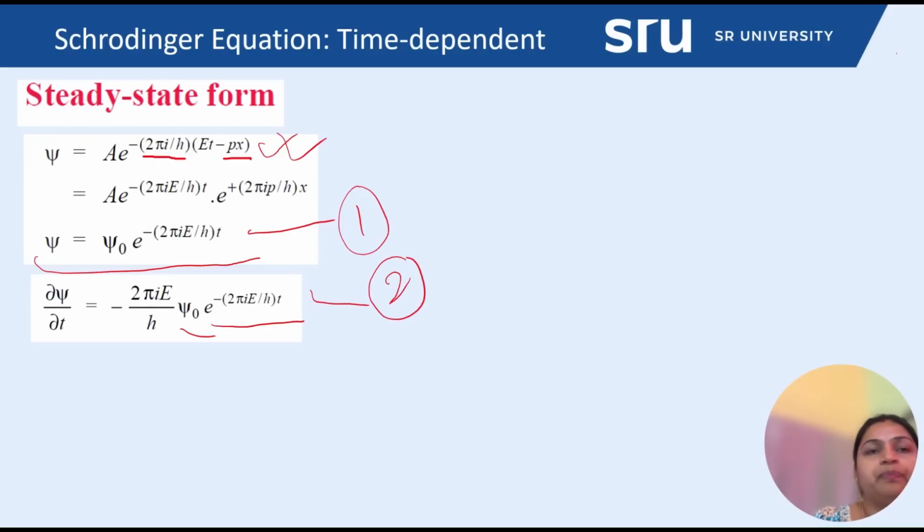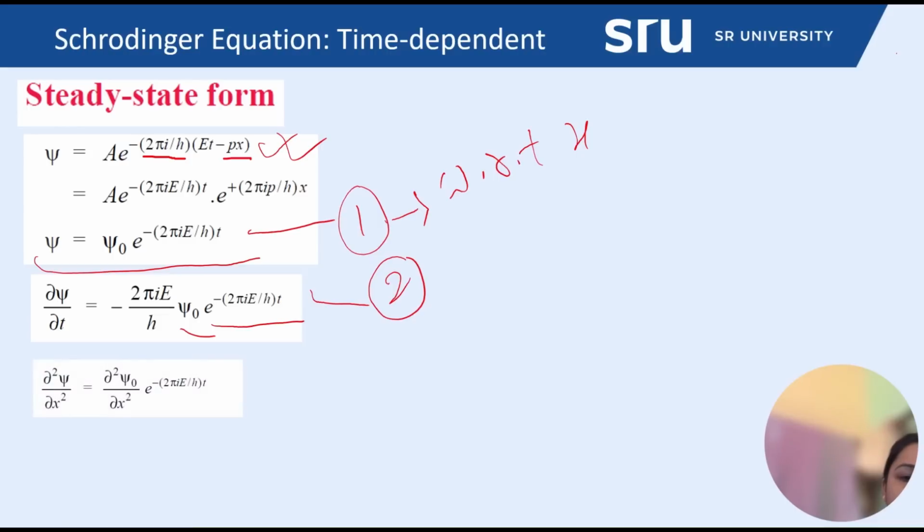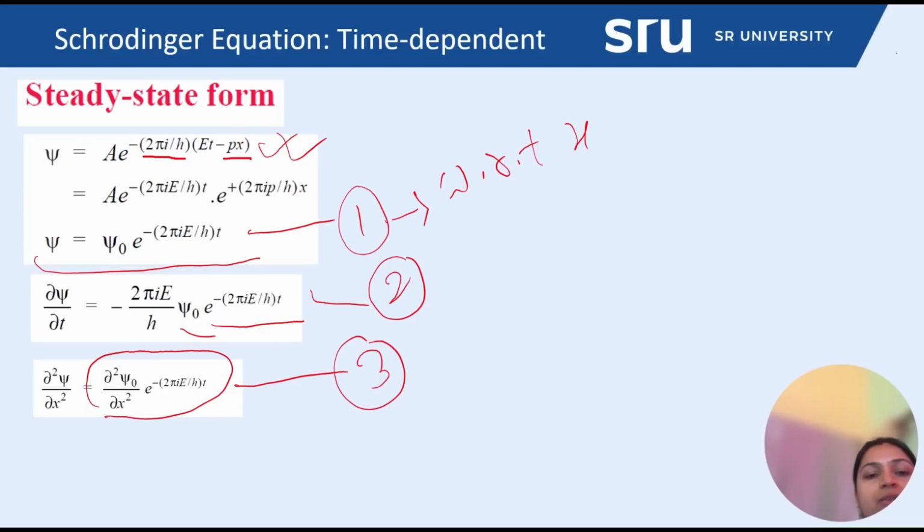Now if we differentiate this with respect to x, then we can get del square psi by del x square is equal to this factor. Let's say this is our equation 3. So we can substitute these values in the time dependent form of the Schrödinger equation.